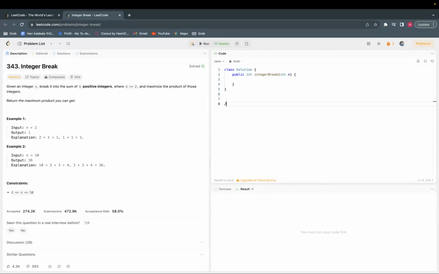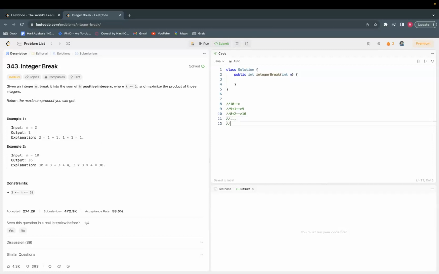For 10, we need to maximize the product. Let's see all the ways we can divide 10. We can divide it into 9 plus 1, so the product will be 9, and also 8 plus 2, the product will be 16, and so on.